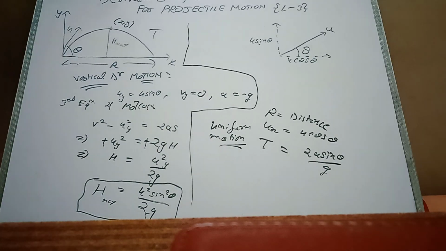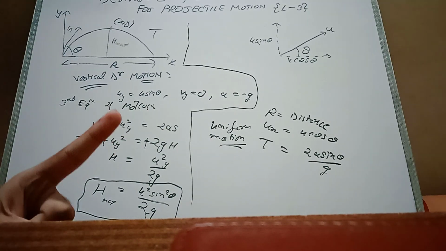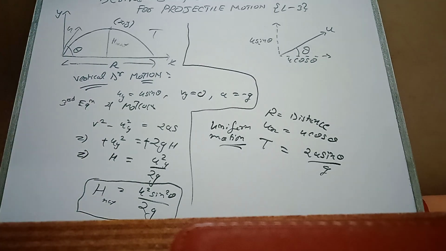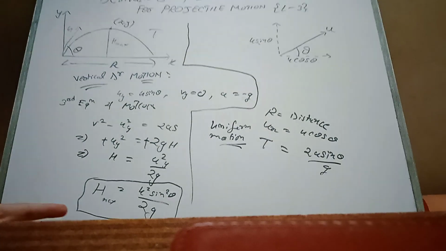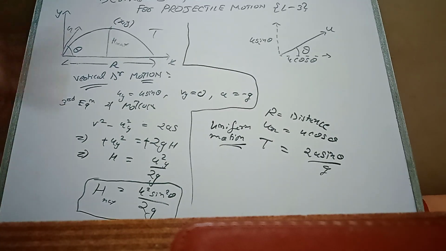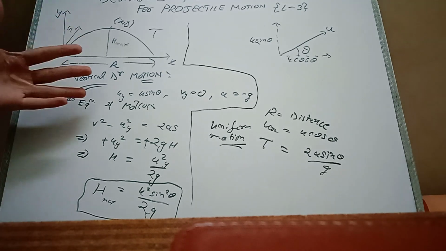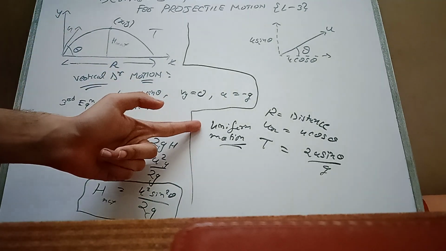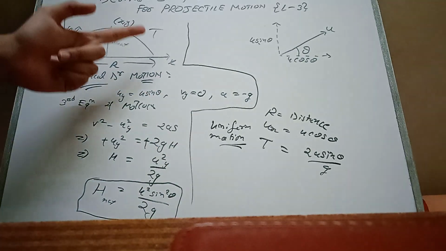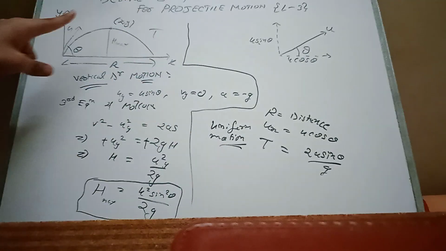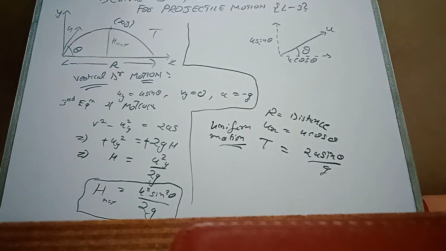That's why I have discussed one proper lecture on the properties of projectile motion, its characteristics, what is uniform, where it is uniform, what is the vertical direction, what is horizontal, where the acceleration is, where the velocity is changing, where it is not changing. I have discussed all these things. So in the x direction, velocity is uniform, u cos theta all through the motion. You have the total time of flight, so you can find the total distance.